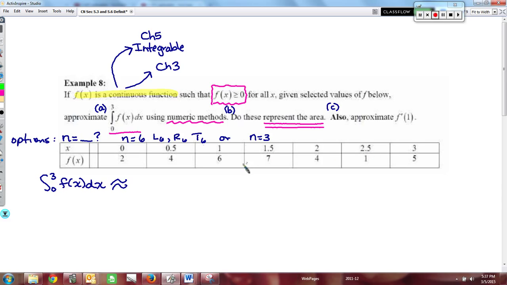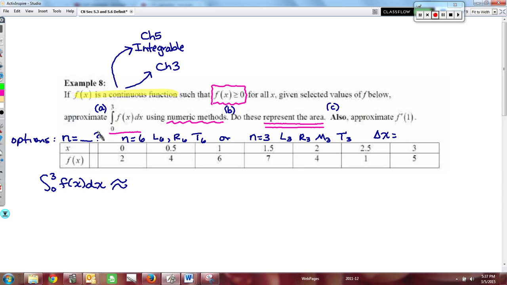And mostly because I don't want to write 6 sums, I'm going to do n equal to 3, and I'm going to do your L3, your R3, your M3, and your T3 as my estimates, since it doesn't really specifically say. So I'm going to calculate my delta x, given that I'm using 3.